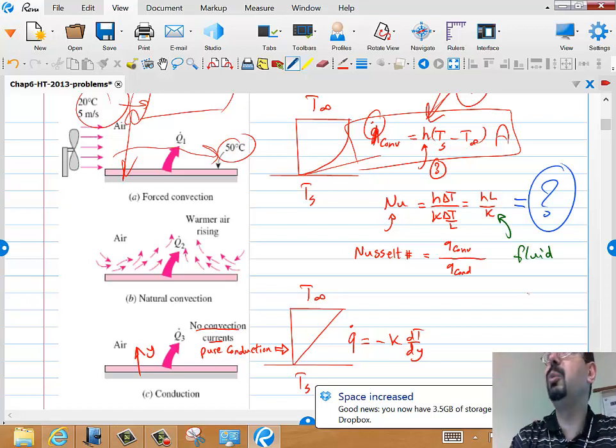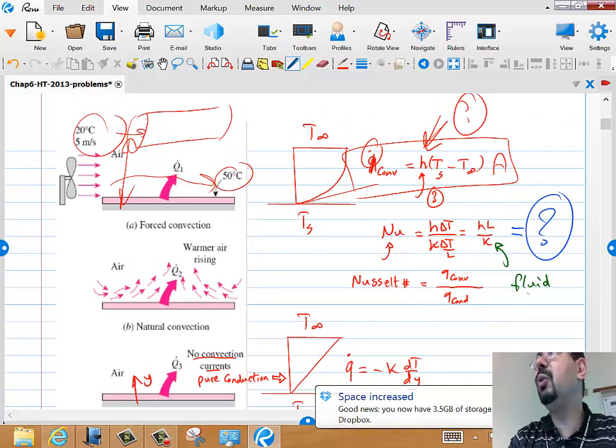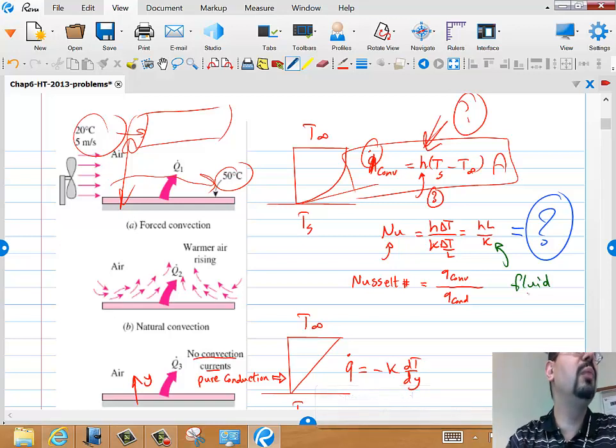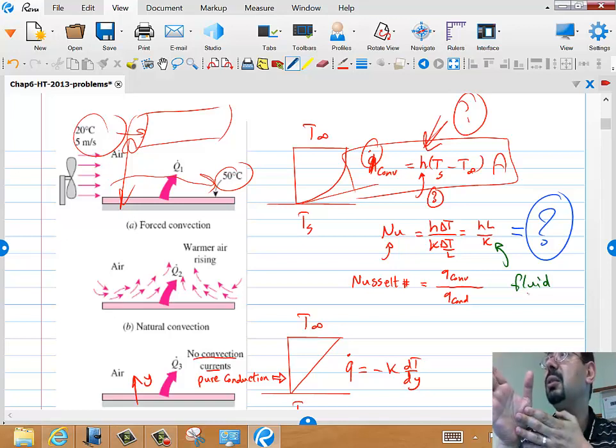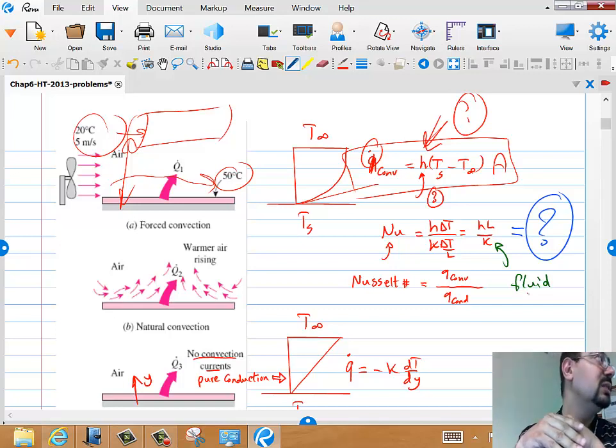H is not defined to be negative. So when you write Q convection, you have to say T high minus T low. You cannot just say it's always Ts minus T infinity, and therefore H could be negative. If it happens that the surface is cold and the air is hot, the equation for Q convection would be H times T infinity minus Ts.